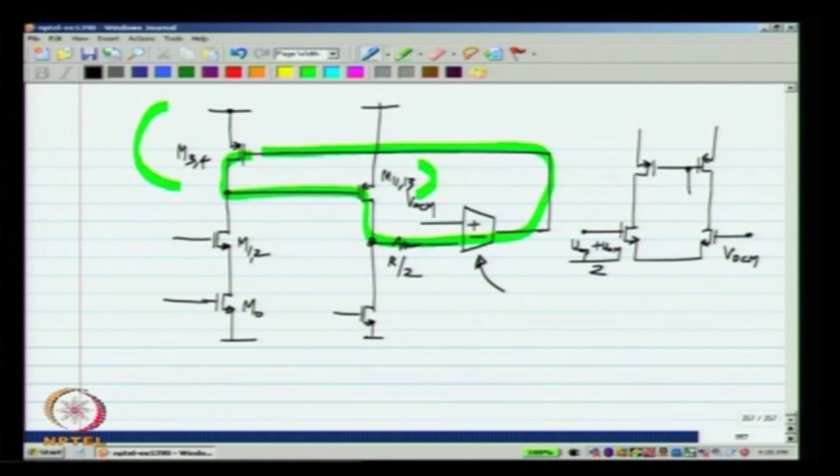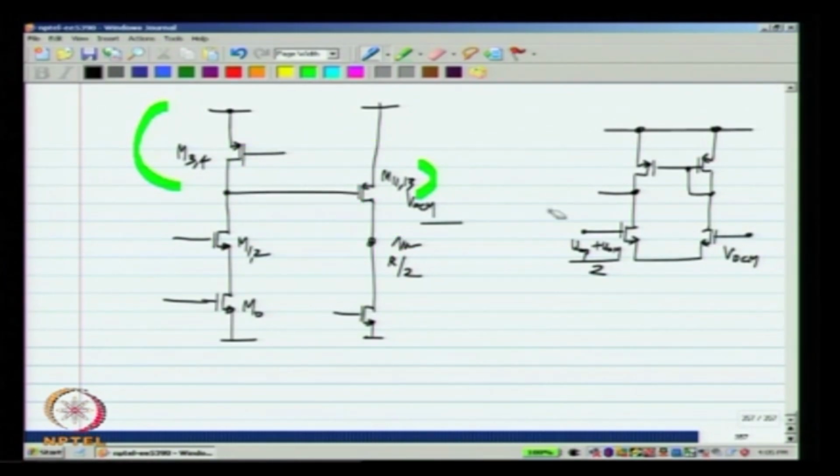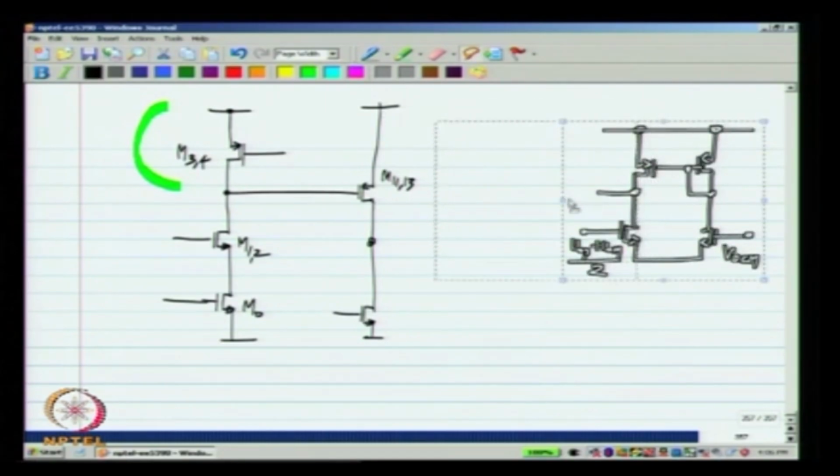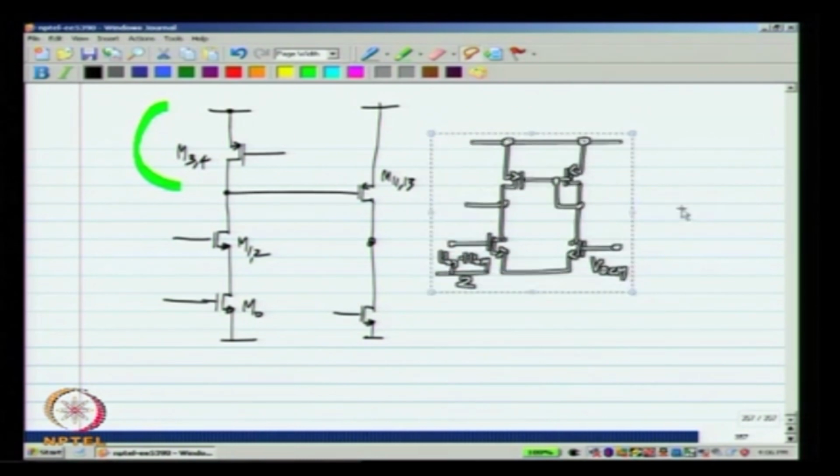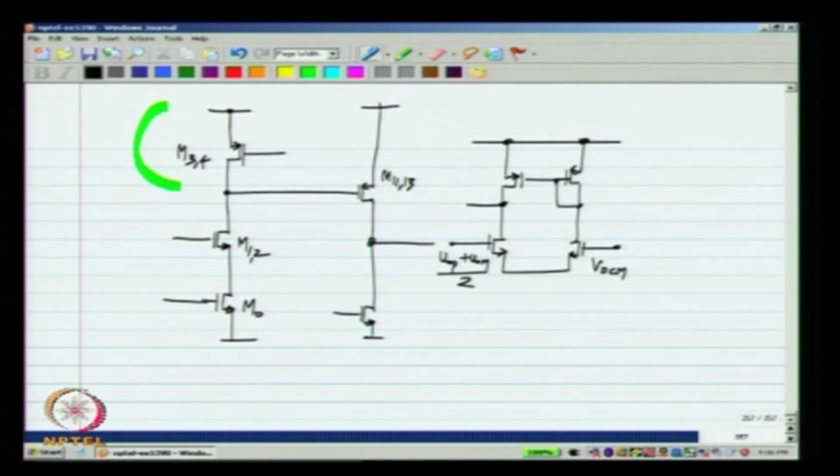Normally perhaps we would have used something like this. This gives the output, and if we use this, the main problem is that it is possible to use this, something like that.